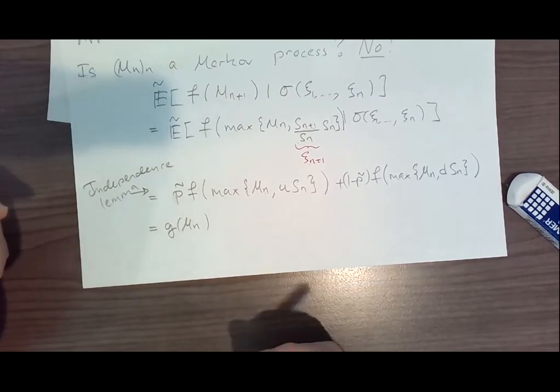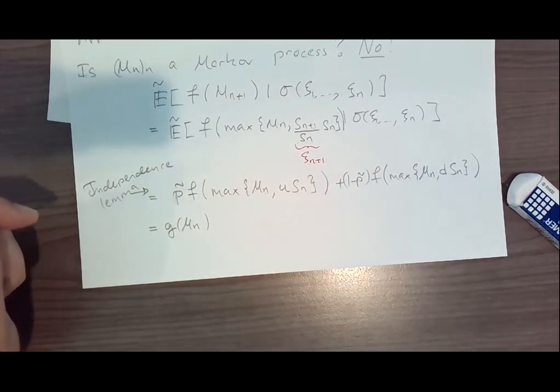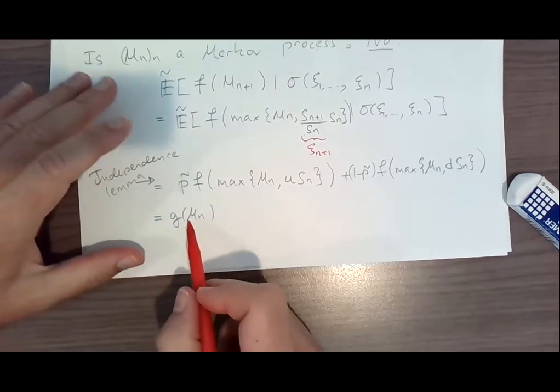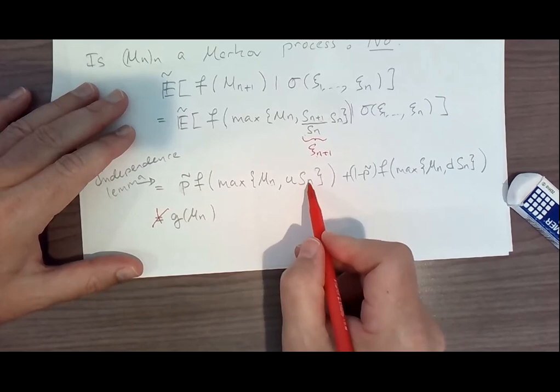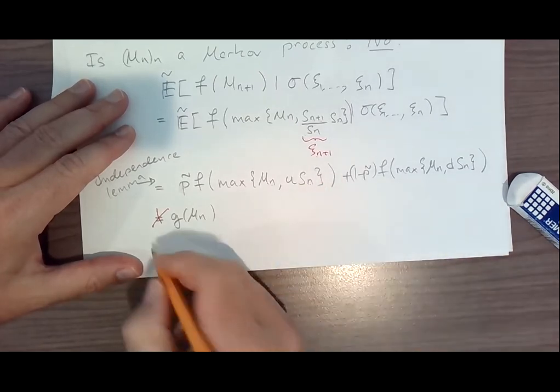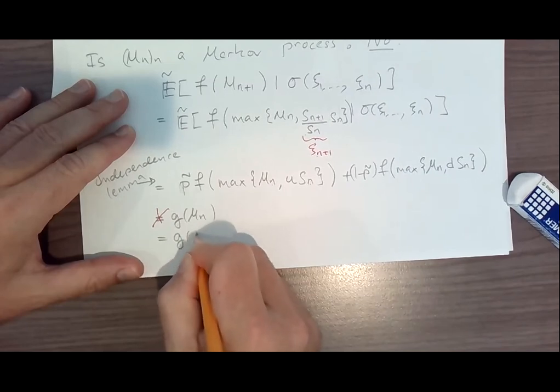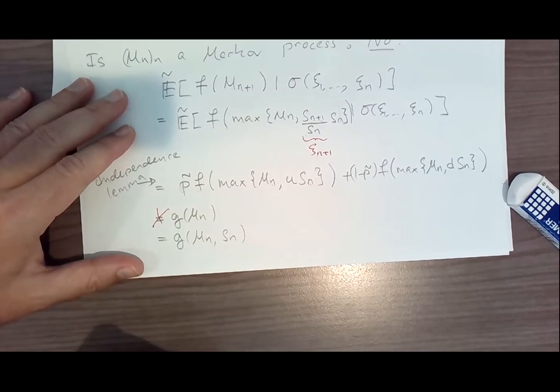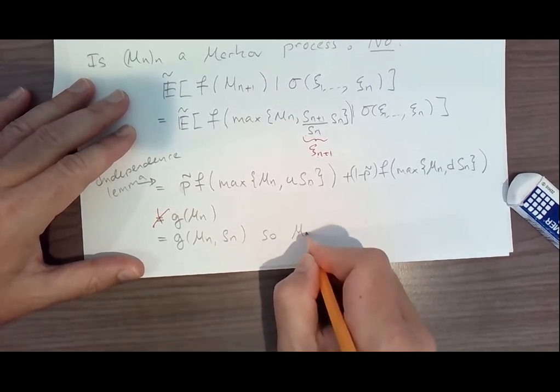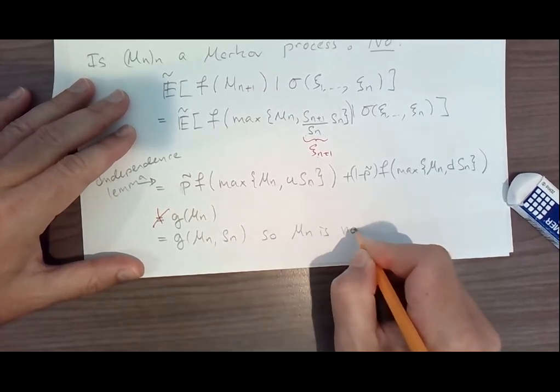But that's not possible. This here is not a function g of mn because I have an S here. This is a function of mn as well as Sn. So mn is not Markov.